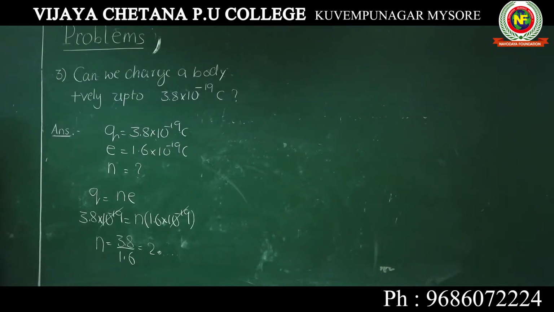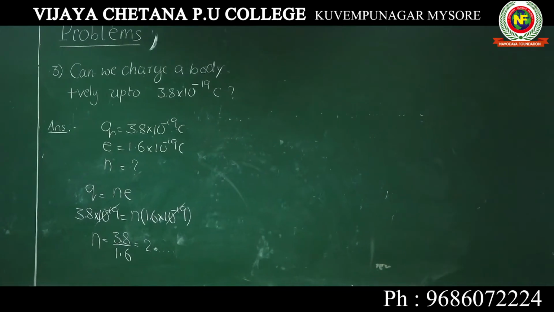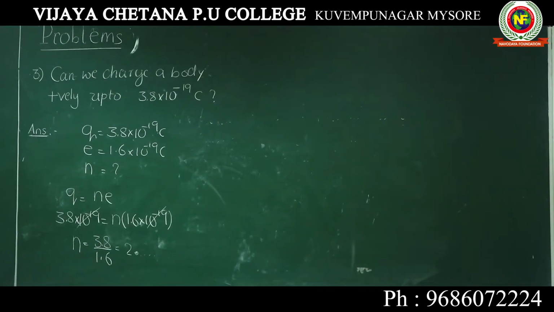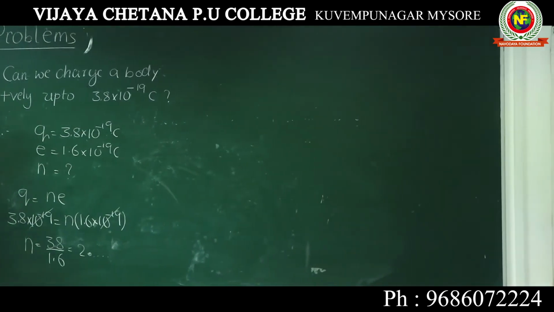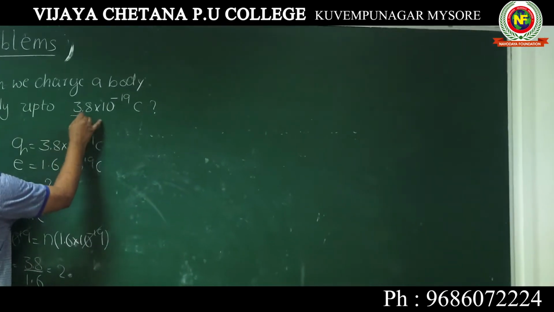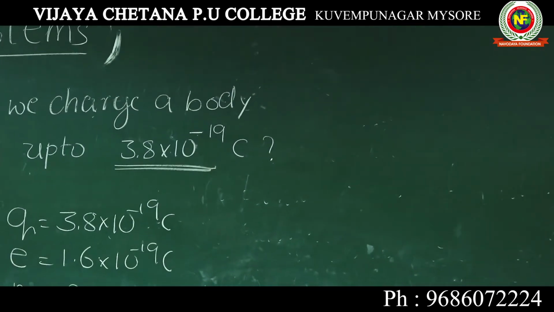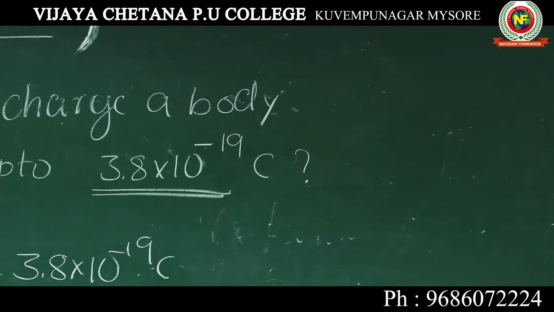Counting number we should get, but suppose it comes as 2.5. 2.5 electrons cannot be added or removed. Therefore, such a charge cannot be there. Therefore, this is not possible. You cannot charge a body up to 3.8 into 10 to the power of minus 19 coulomb.